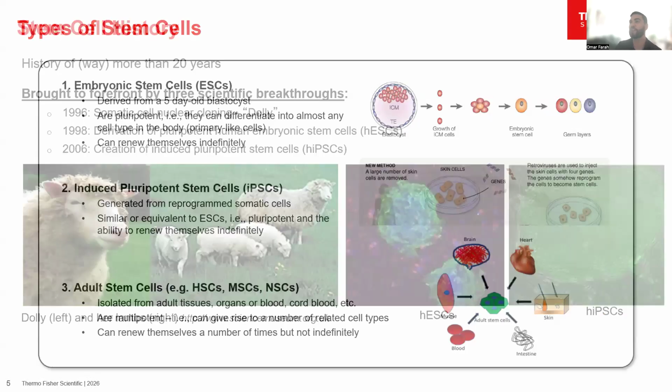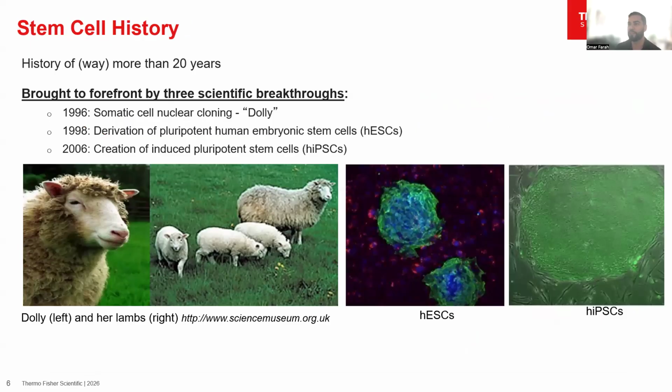Now, before I start, and again, Tom did throw this slide in here. Tom did mention that one of the breakthroughs throughout stem cell history is the cloning of Dolly, the sheep. Now, I want you in the chat to kind of venture a guess as to why that is. Why is cloning part of stem cell research? Drop what you think is in the chat.